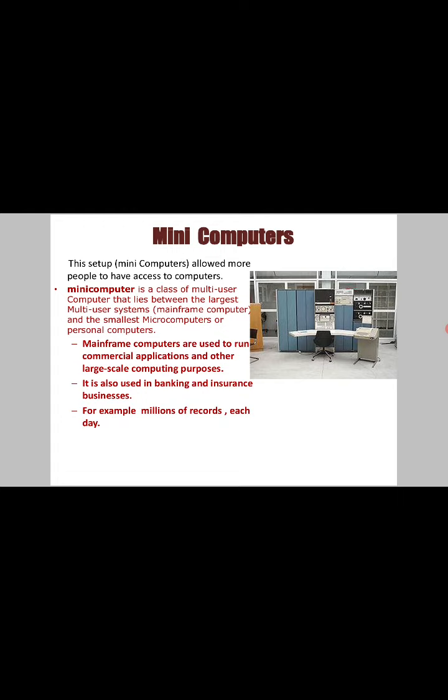Mainframe computers are generally used to run commercial applications like insurance applications and banking applications, for large scale computing purposes, meaning a large number of users, a large number of calculations, a large number of terminals and connections. And they are also used for storing, creating and maintaining millions of records each day.